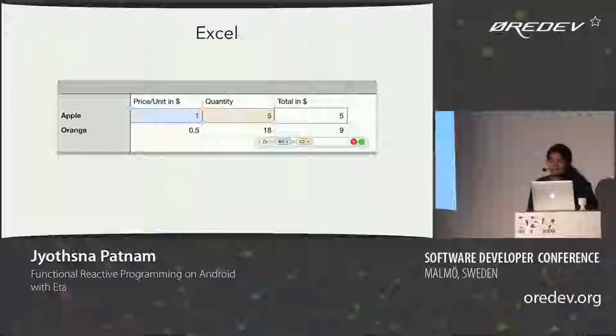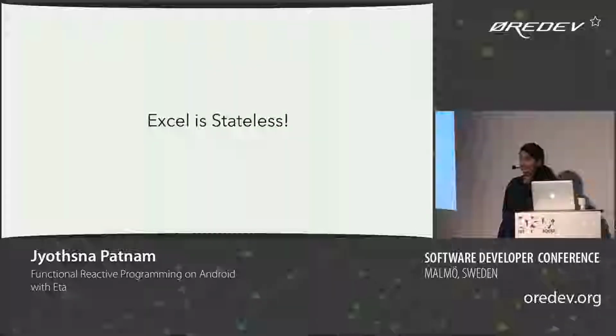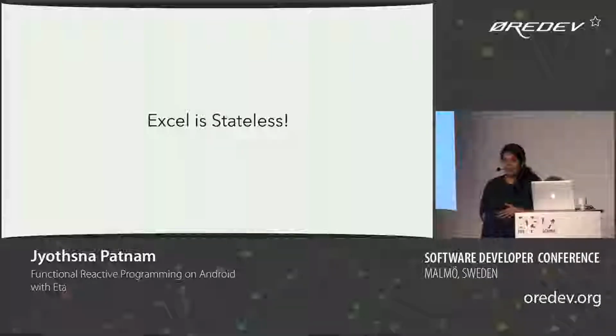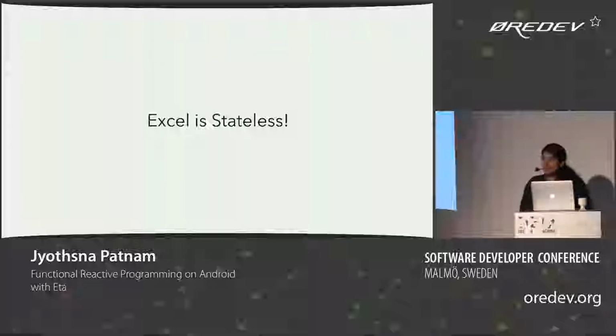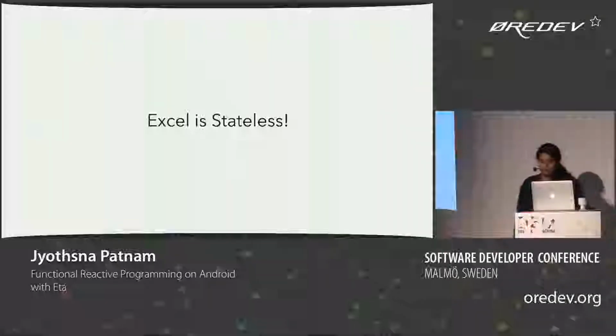The interesting part about Excel is it's stateless. Now, what does that mean? You do not have to worry about variables or invalid states in your application. So we as developers need the same thing. We need to just worry about our business logic and not worry about the plumbing that goes through.